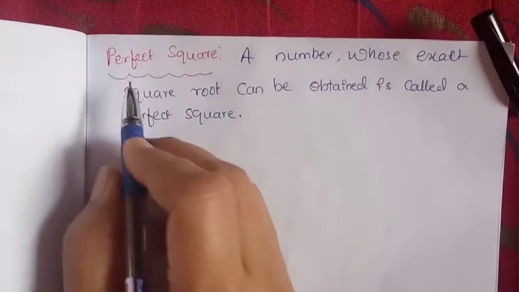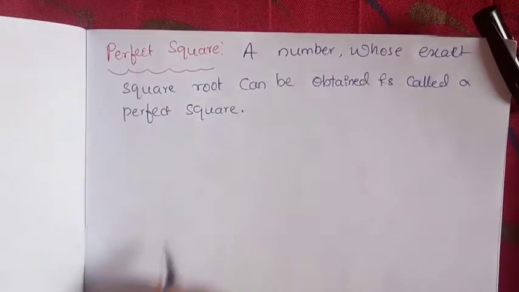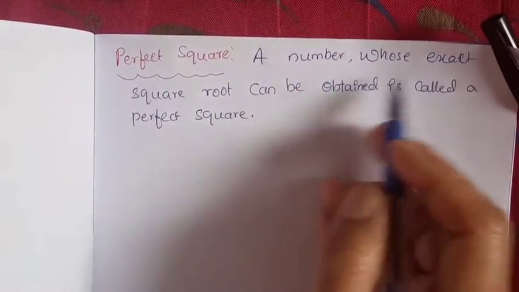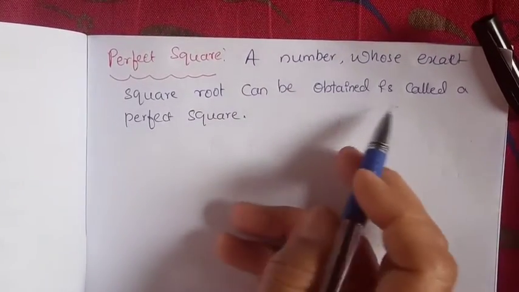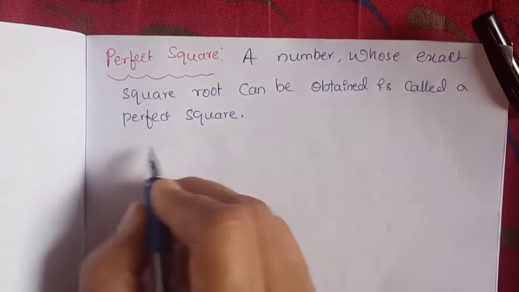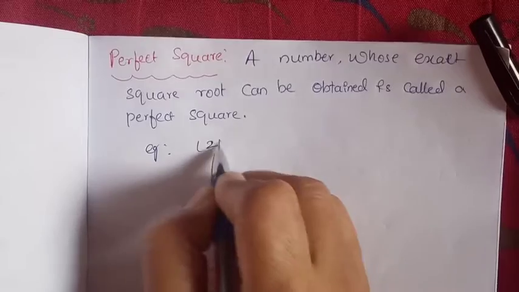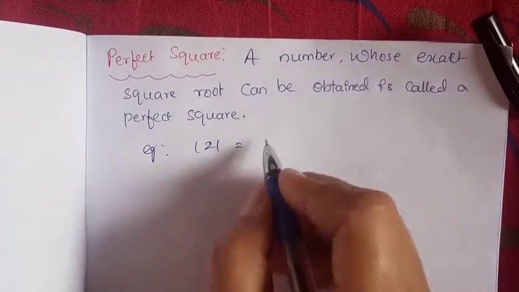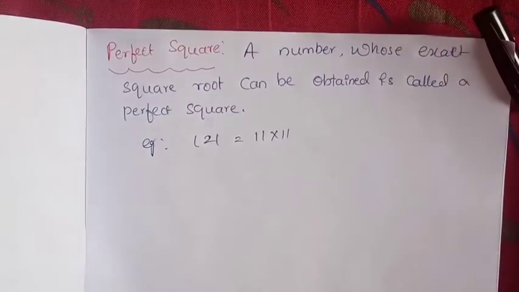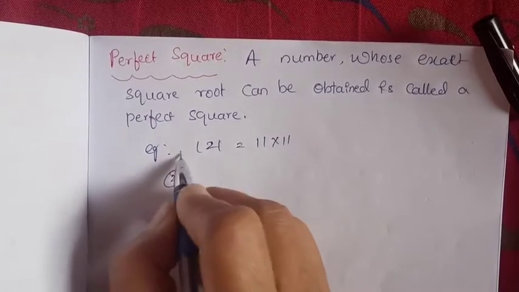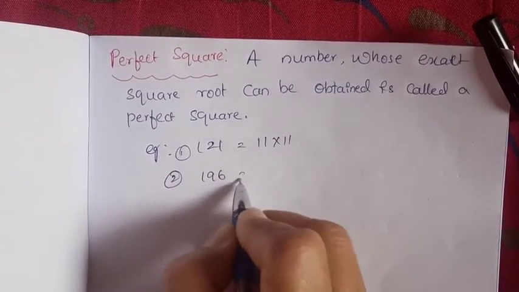We'll go with another term, the perfect square. A number whose exact square root can be obtained is called a perfect square. One example: 121. 121 is equal to how much? 11 into 11. Another example, 196.